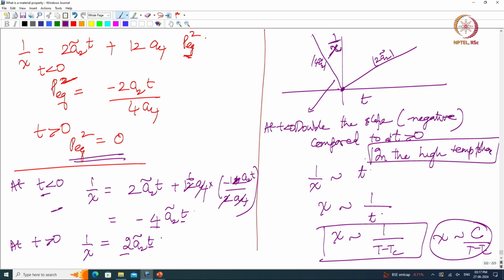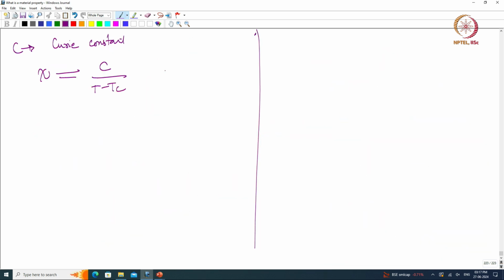Susceptibility goes as T, and actually we exactly know how it goes, 1 by 2A2 T. So, here there will be a 2A2. So, the Curie constant is just 1 by 2A2 tilde in the high temperature phase, when T is greater than Tc.